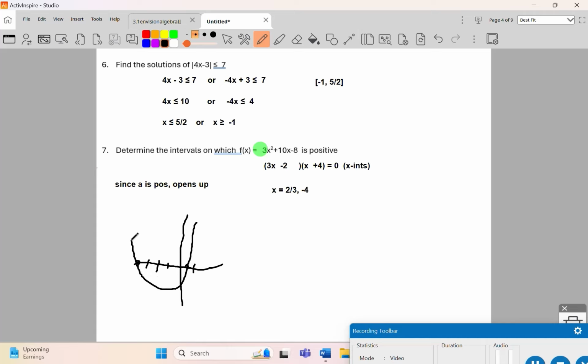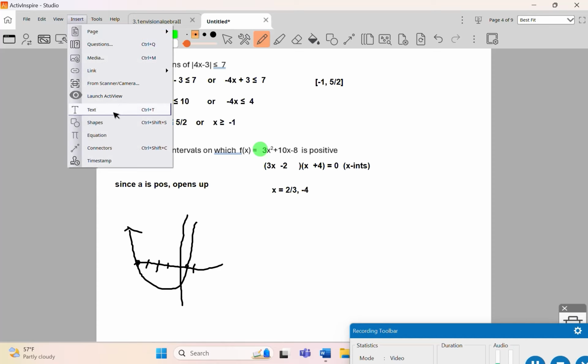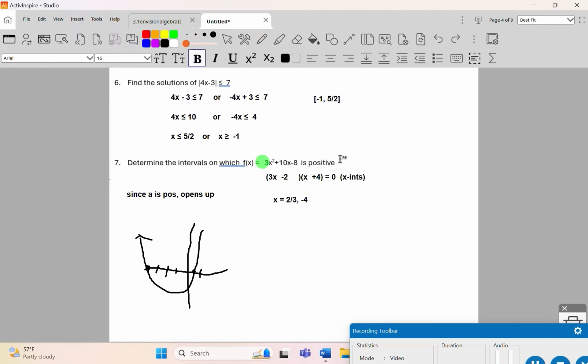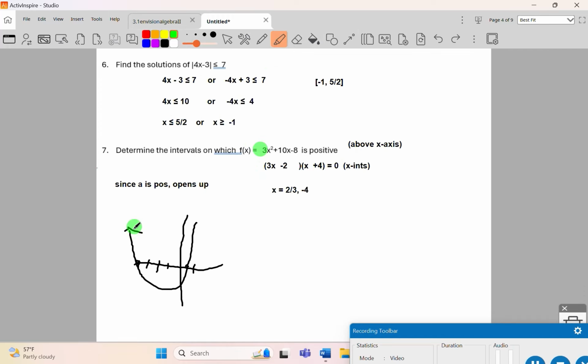What does it mean to be positive? To be positive means that I am above the x-axis. I'm above the x-axis in 2 locations, here and here.